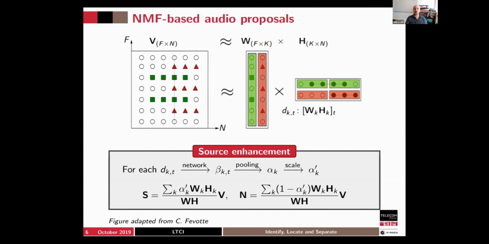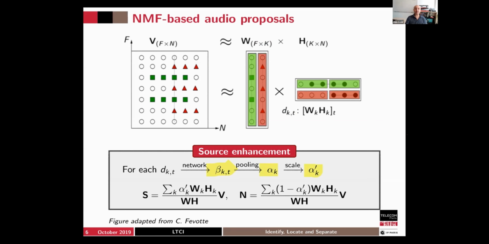If we denote by beta_k,t the score given by the network to NMF component proposal d_k,t, we obtain a global video level score alpha_k, again using max pooling across time. And we can rescale that between 0 and 1. These are the alpha_k primes. So these become masking coefficients.